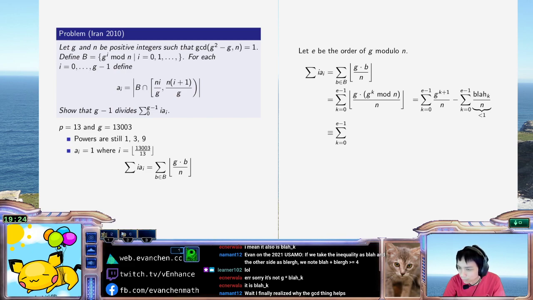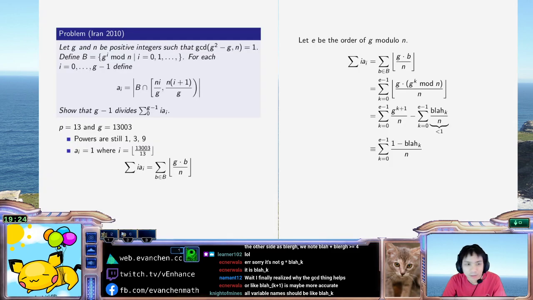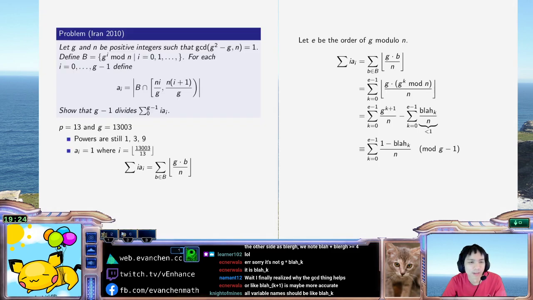Okay, so that's just the sum of 1 minus blah sub, when I take mod G minus 1. Okay, alright, now I have to actually write out what block A is. Where blah.